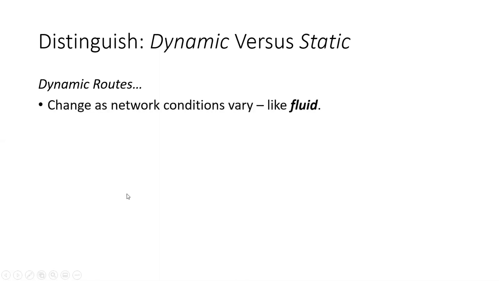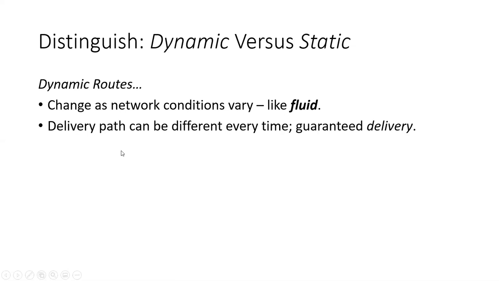So basically, when you create a dynamic route, those dynamic routes are temporary, they're fluid, they change as network conditions vary. The delivery path can be different every time, and it's guaranteed delivery.